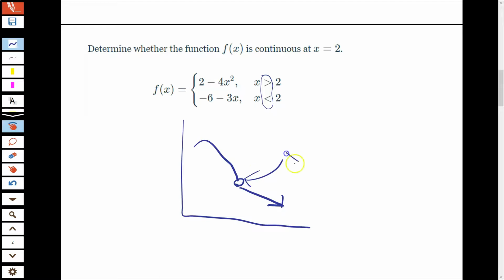So that would be that point, x equals 2. And I have that open circle because neither of these rules include 2, right? So f is undefined here. So this would be a big old no, right? F is undefined. There's what we call a removable discontinuity.